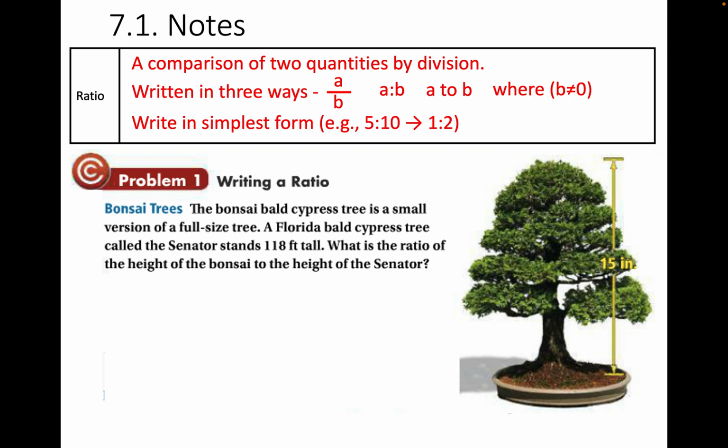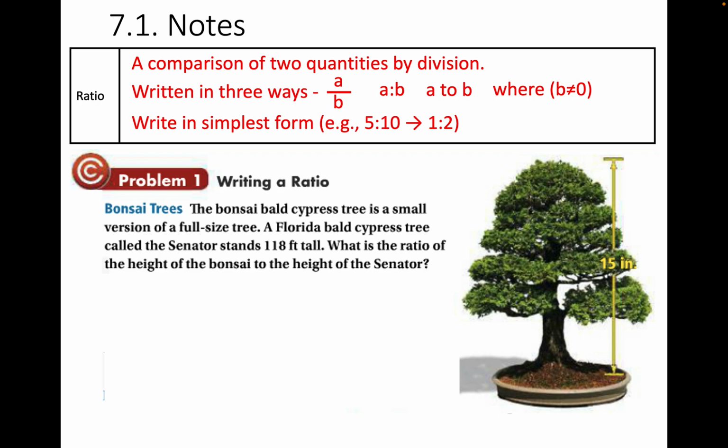And a Florida bald cypress tree called the Senator stands 118 feet tall. What is the ratio of the height of the bonsai to the height of the Senator? All right, so to do this, we need to compare these two quantities, the two heights, to make a ratio. However, the first problem is that the bonsai tree is in inches and the Senator tree is in feet.